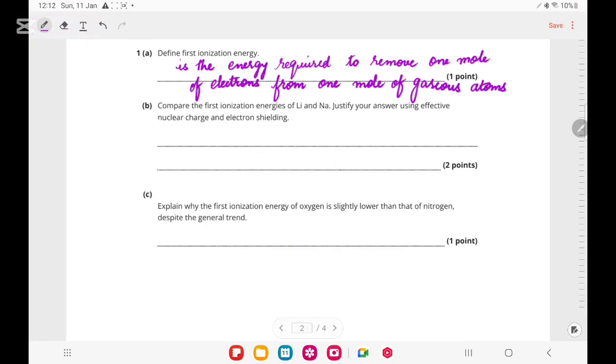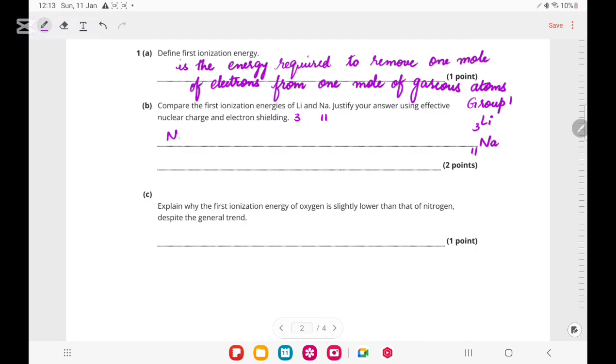In the next question they say compare the first ionization energy of lithium, which has proton number 3, and sodium, which has proton number 11. They are both present in group 1, and lithium is Li 3 and sodium is Na 11.